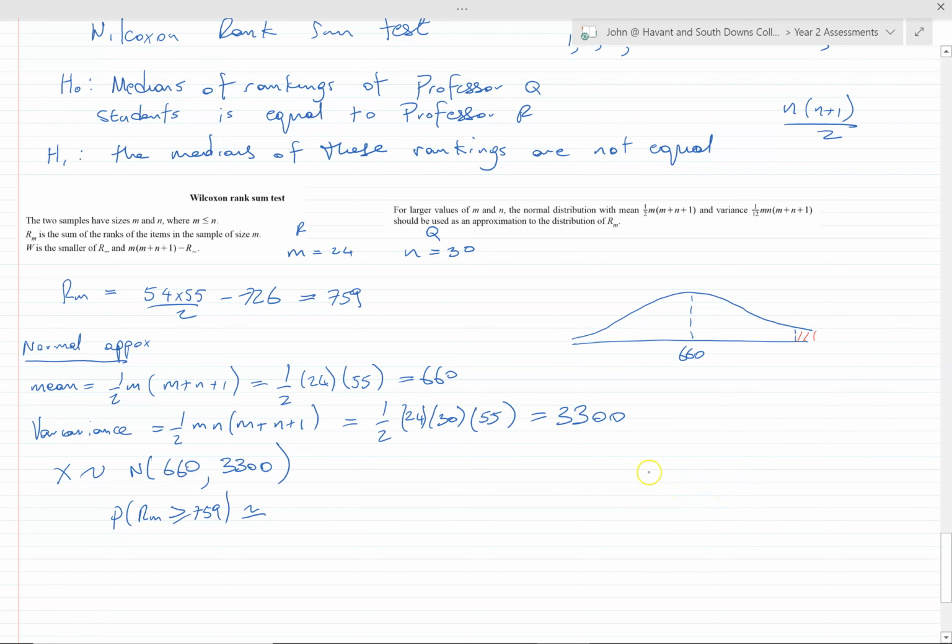Now, the way I think of the continuity correction is we need the number here. Imagine we're dealing with the number 759, going in this direction. When you're doing the continuity correction, you need to extend backwards by a half from whichever direction the arrow's going. So you're always extending the line.